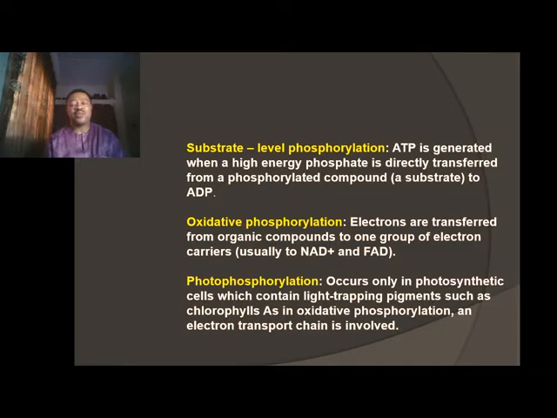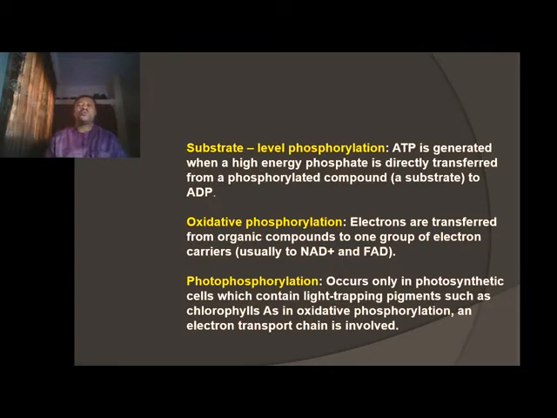And if it is a prokaryote, like a bacterium that does not have mitochondria, it takes place in the cell membrane. There is usually the electron transport system. When energy needed for phosphorylation is obtained by movement of electrons in the electron transport chain, this is what brings about oxidative phosphorylation.